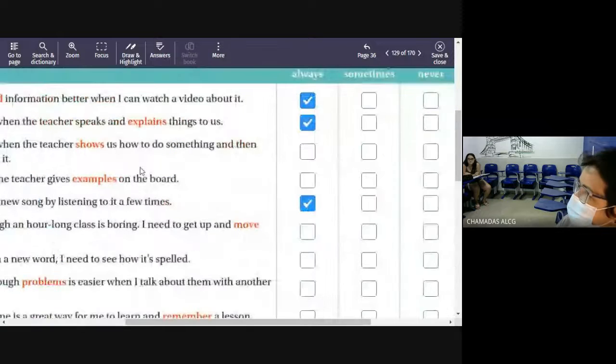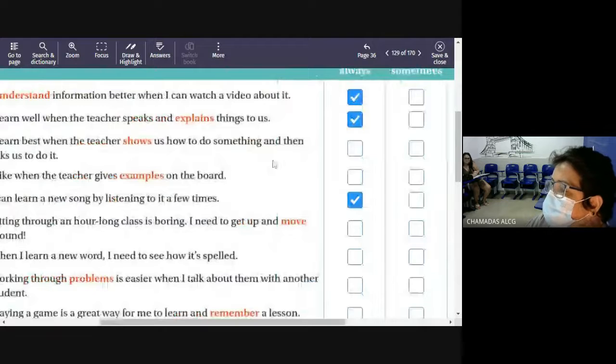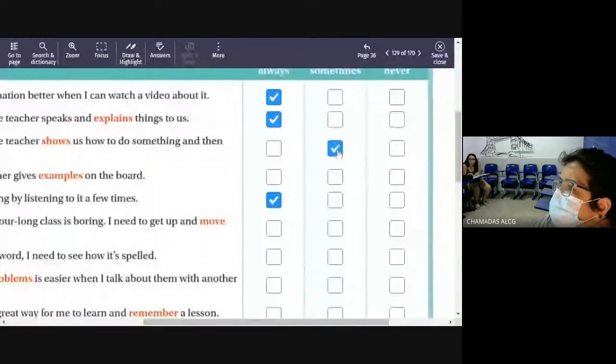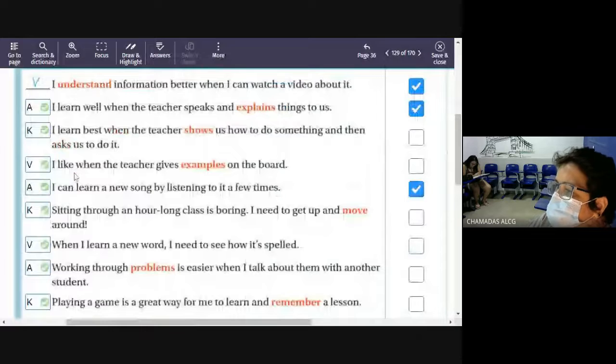So it's when you have the practice right after. Is it really necessary for you to do the activity right after? Sometimes. Sometimes. Okay. I like it when the teacher gives examples on the board.